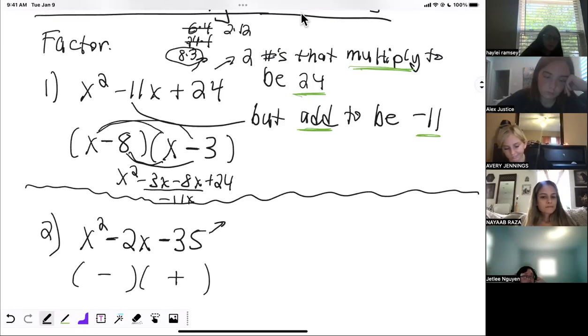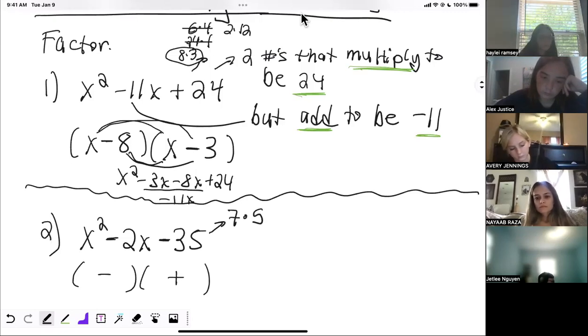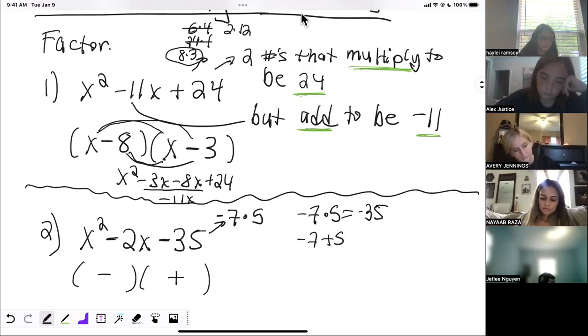All right, so let's look, 35. Well, there's only really two pairs that I can think of, 35 and 1, and 7 and 5. But if I make the 7 a negative and the 5 a positive, doesn't that make negative 2 if I add them? So negative 7 times 5 is negative 35, but negative 7 plus 5 is negative 2.